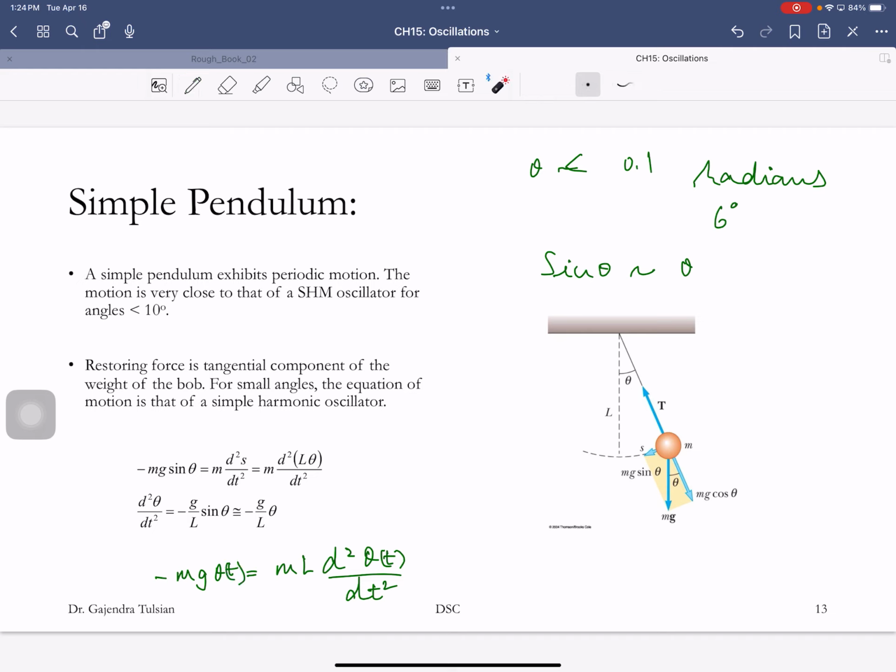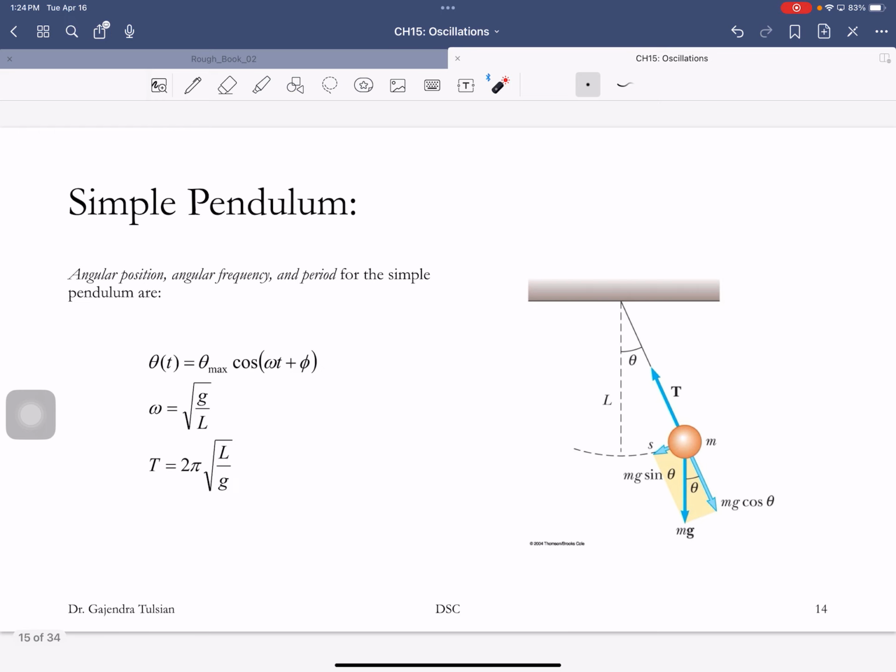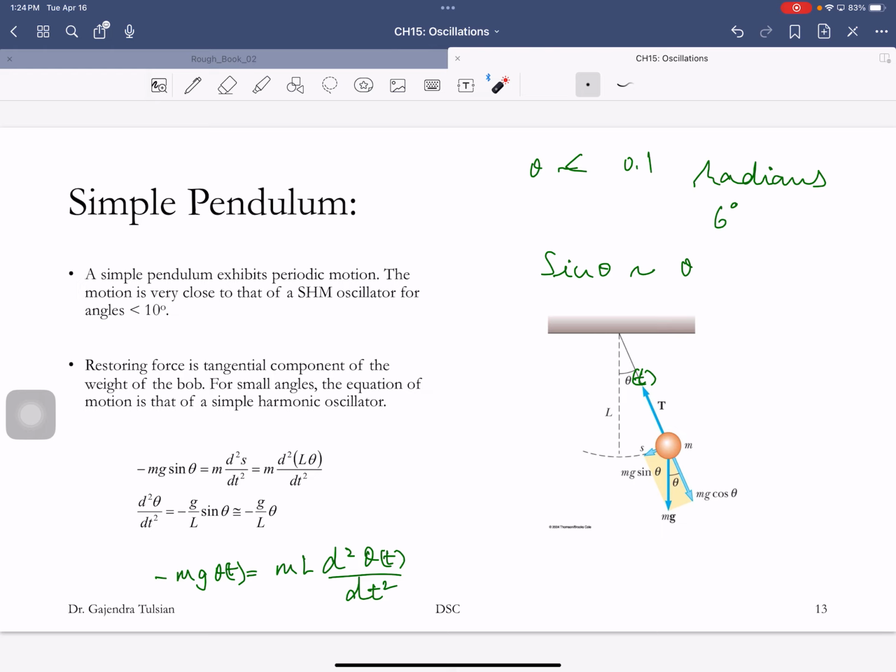If you measure the configuration of the system by this angle, the differential equation satisfied by this angle is exactly the same differential equation. G is positive, L is positive, so we'll call g over L omega square: d square theta by dt square equals minus omega square theta.